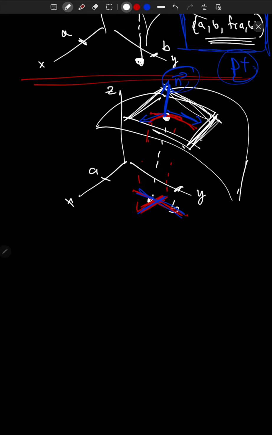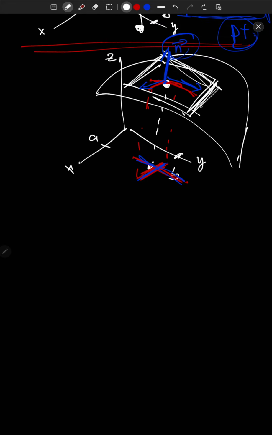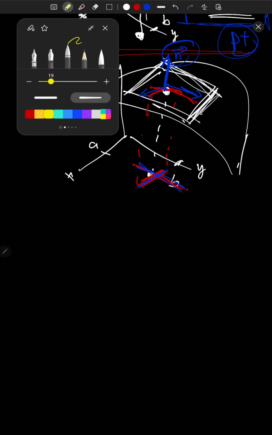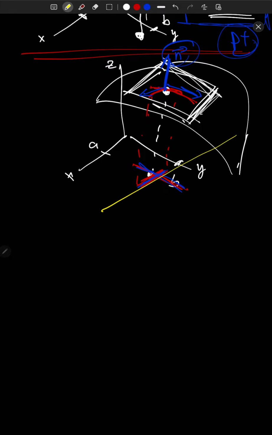Let me do it in a one variable calculus way. Let's look first in the x direction, as x changes. I'm going to be looking in this plane right there, and it's going to cut my graph kind of like that.